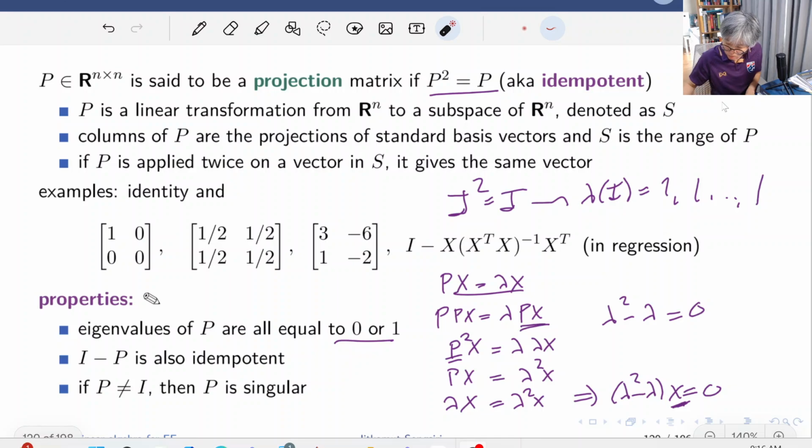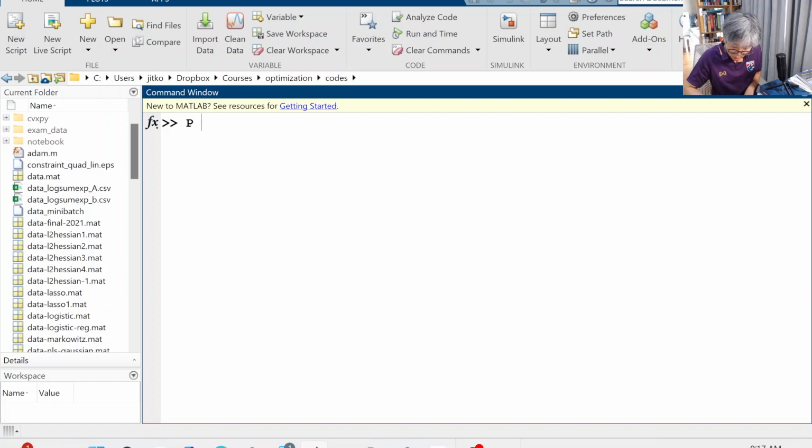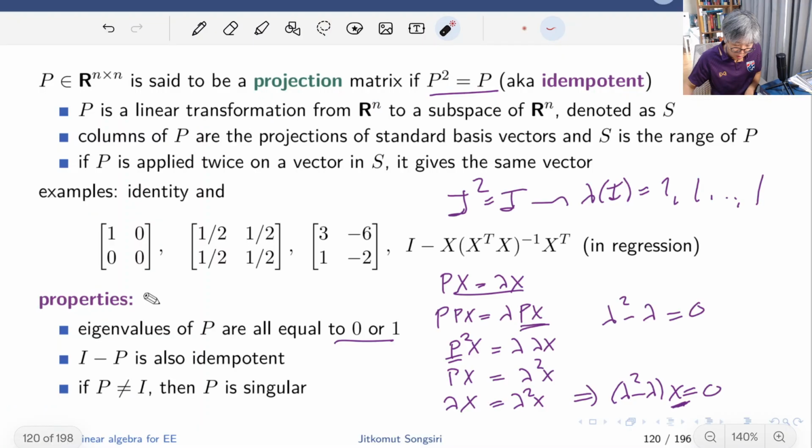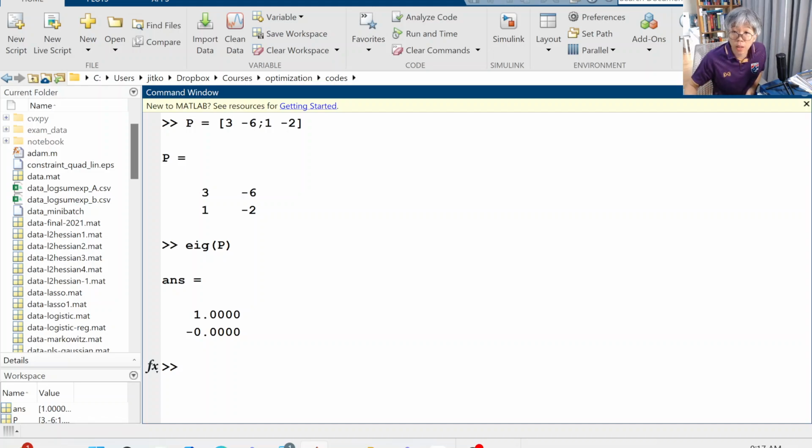So let's start with P equals 3, negative 6, and 1, negative 2. Okay, so I show the eigenvalue is either 0 or 1.